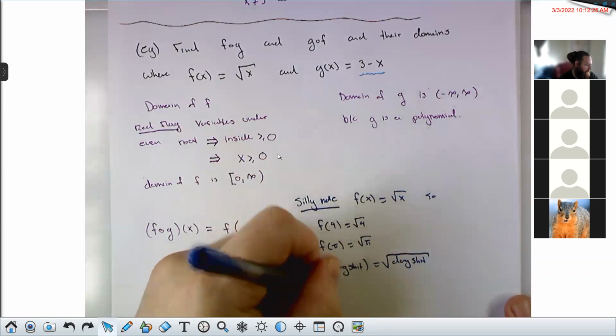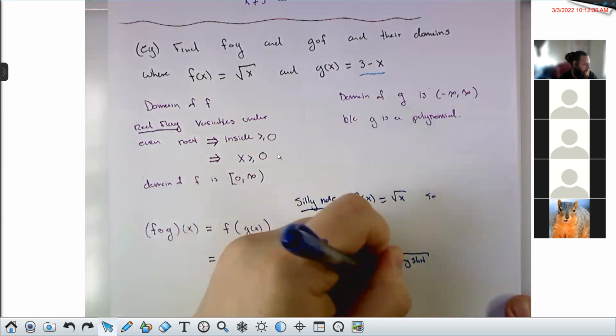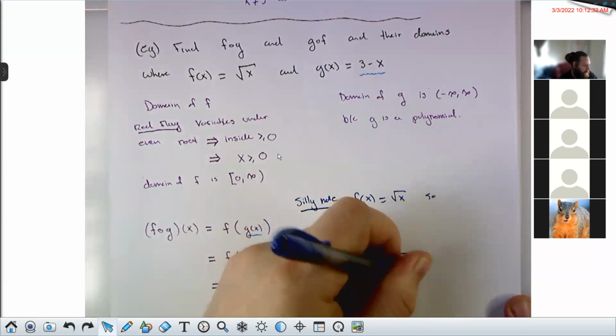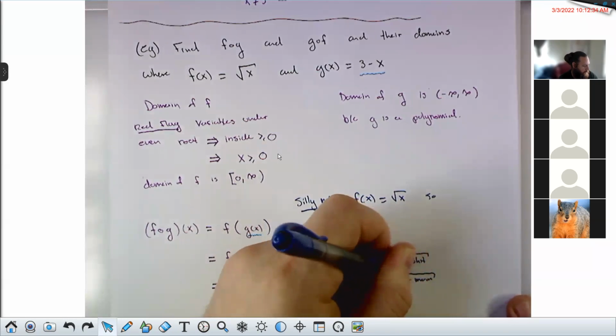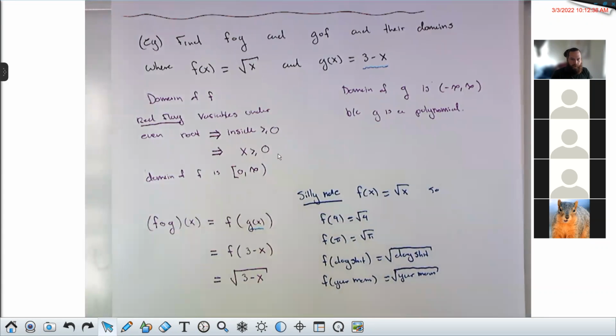And f of your mom would be the square root of your mom. All right, this is kind of a way to help understand function notation. f of anything is the square root of that thing. So the step from here to here, we say, okay, f of 3 minus x, well, that's got to be the square root of 3 minus x.